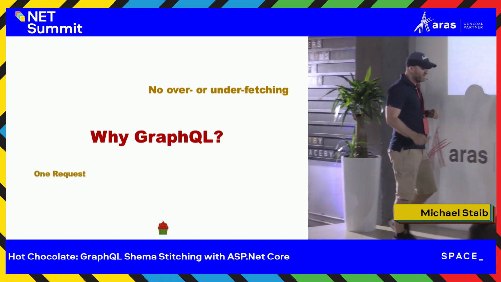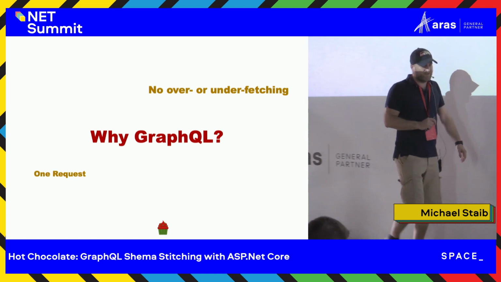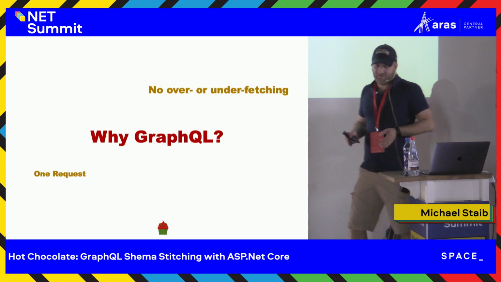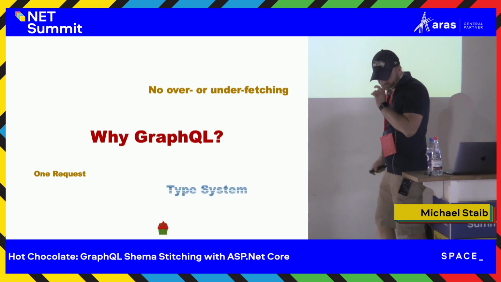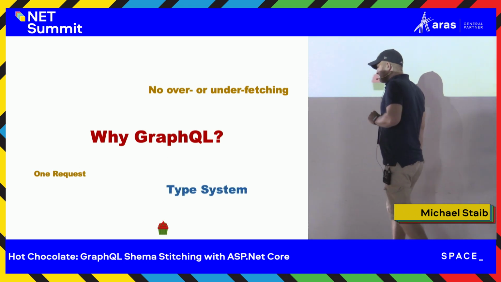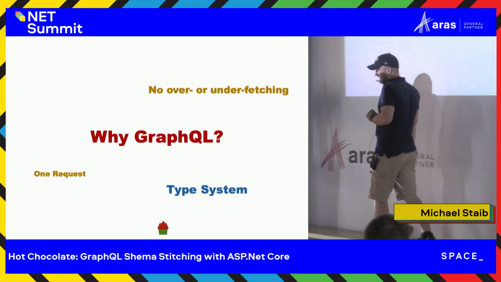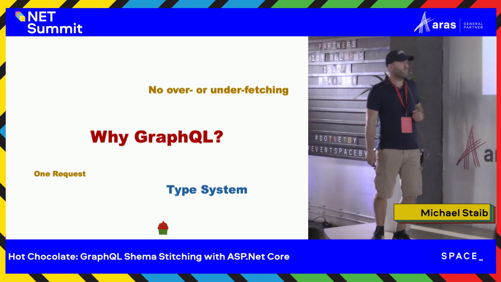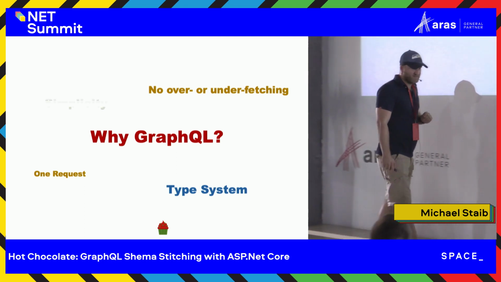I can fetch everything in one request with GraphQL, and it's strongly encouraged to do that, because then the GraphQL query engine can really optimize your requests. GraphQL is strongly typed, which enables super cool tooling. I will show you a sneak peek at what is on the market.